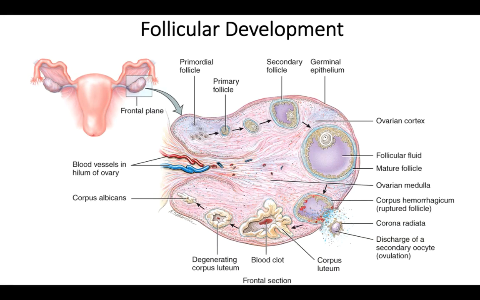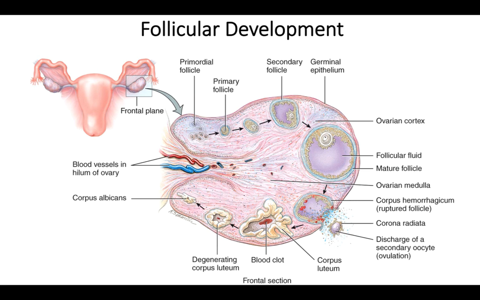Now let's look inside of an ovary. So inside of the ovary is where you're going to find ovarian follicles. And this is a very important topic to be worked on, and make sure you understand this development of the follicles before we get into the female reproductive cycle.